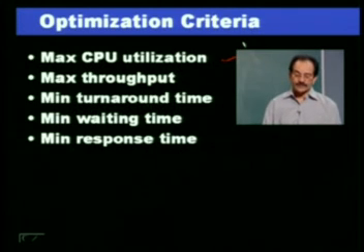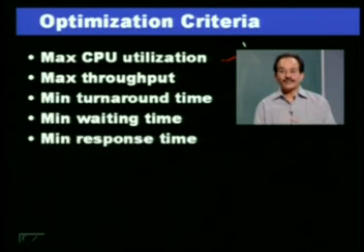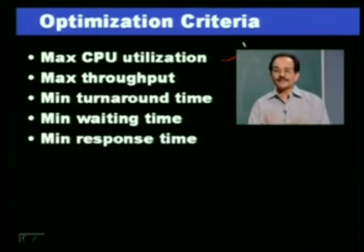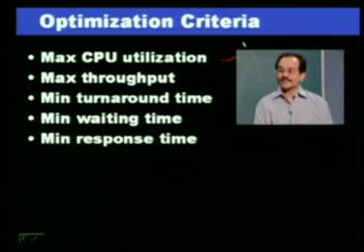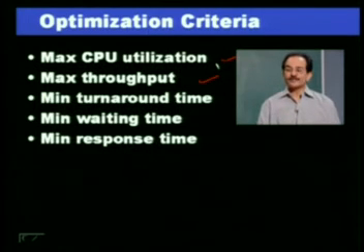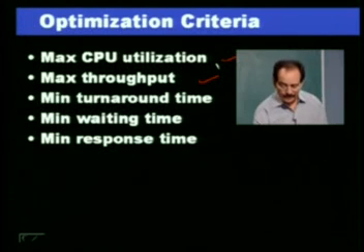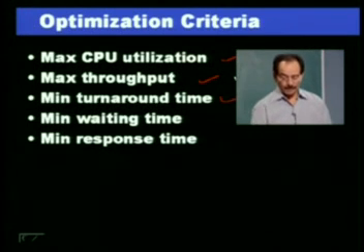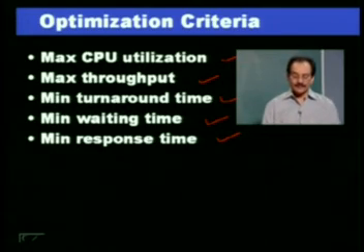Ideally, I should be able to have 100% utilization, maybe 100% utilization is not possible, maybe we go for let us say 80% utilization, that is the most optimal thing which we can think of. And we would like to maximize the throughput, the number of jobs which it can execute, and minimize the turnaround time, minimize the waiting time and minimize the response time.